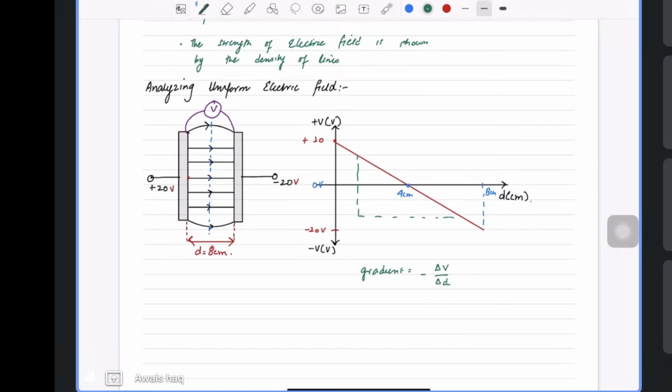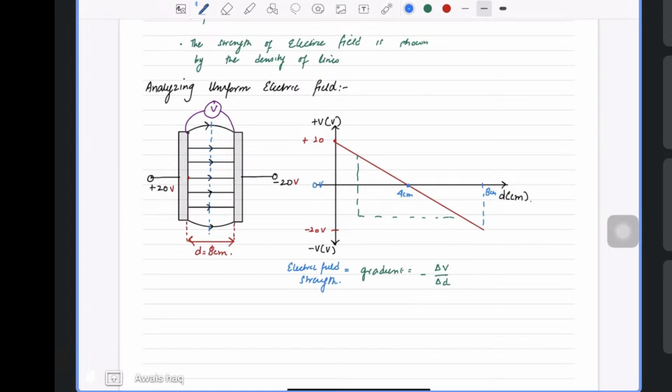The reason why it is negative is because the line has a negative slope like this. So this basically represents electric field strength.